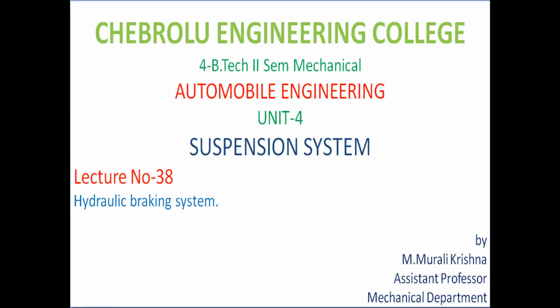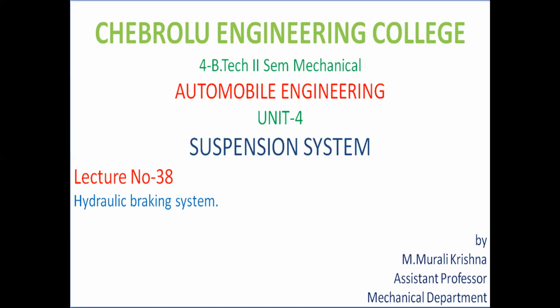Okay, in the previous class, we saw the introduction of the braking system and also the mechanical braking system. In mechanical braking system, there are two types: drum type mechanical braking system and disc type mechanical braking system. Mechanical braking system means the power is transmitted through linkages, gears, or connections whenever the brake is applied.